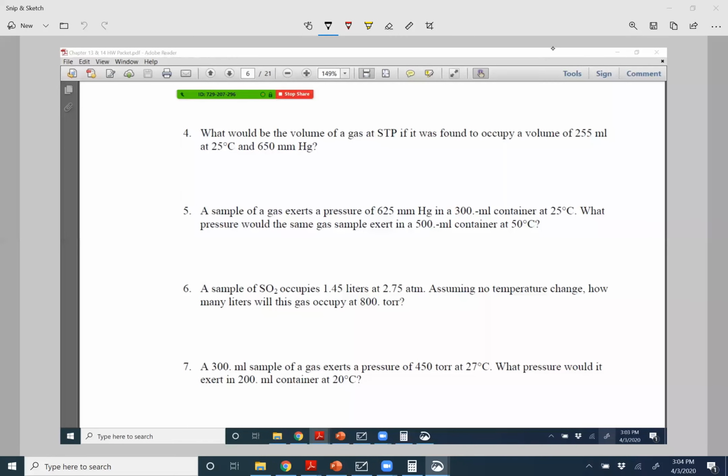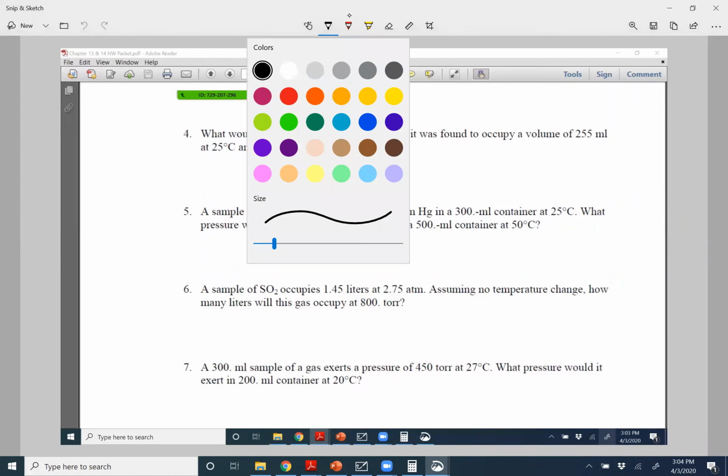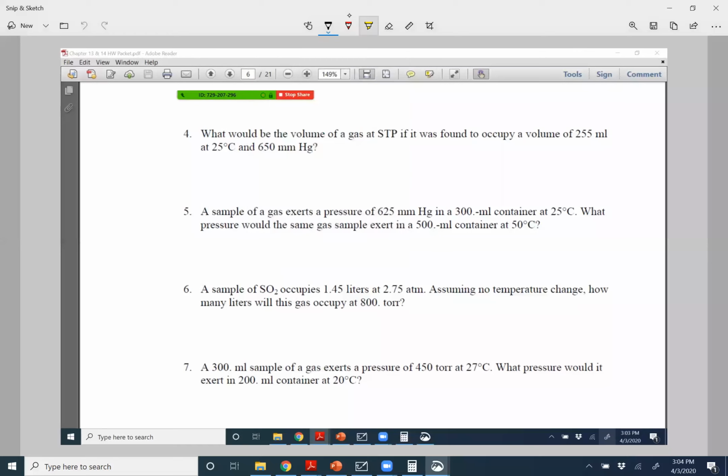Anyway, so let's take a look at problem number 4. It says, what would the volume be? Let's highlight it. What would the volume of a gas at STP be if it occupies 255 milliliters at 25 degrees C?